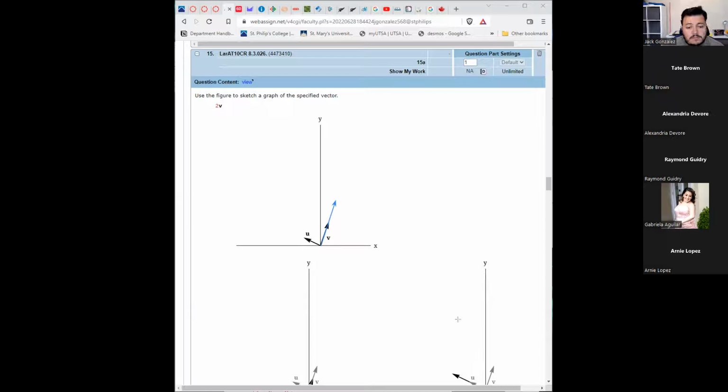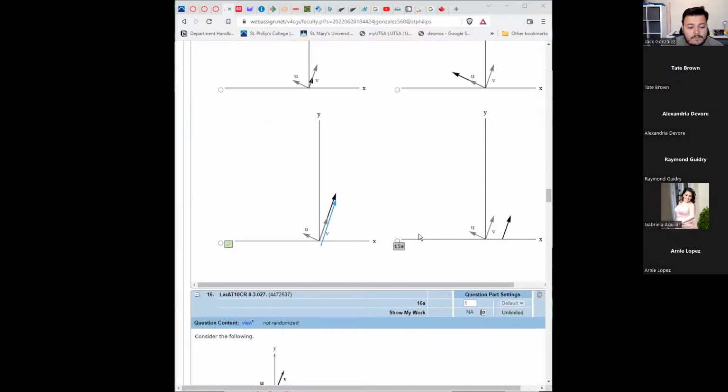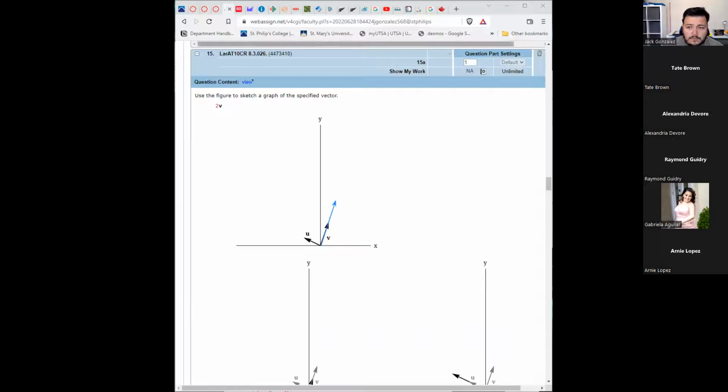Something like that. So just find it. There it is. V times 2. Any questions on those 2 so far? Do you see how it works visually? Okay.